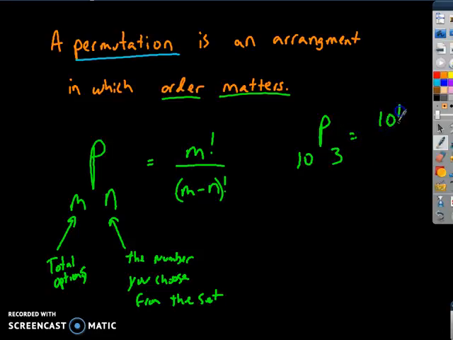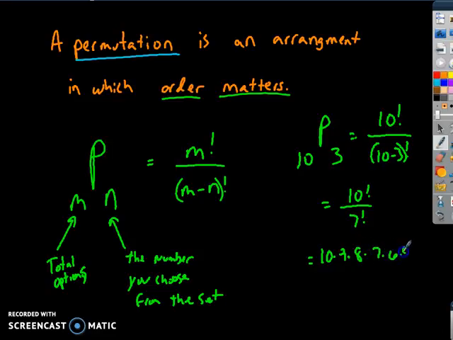So we have 10 factorial divided by (10 minus 3) factorial, which is 10 factorial divided by 7 factorial. That basically means 10 times 9 times 8 times 7 times 6 times 5 and all those other numbers, divided by 7 times 6 times 5 and all those other numbers.